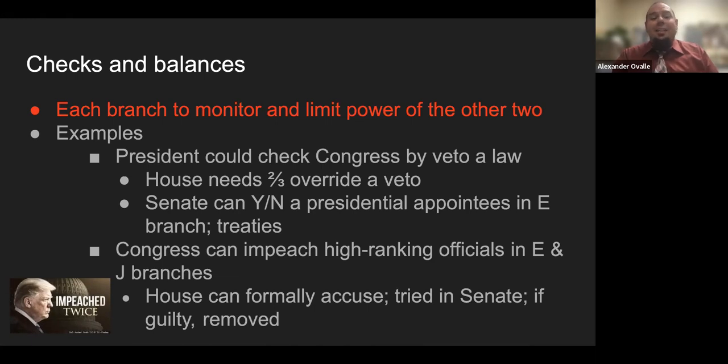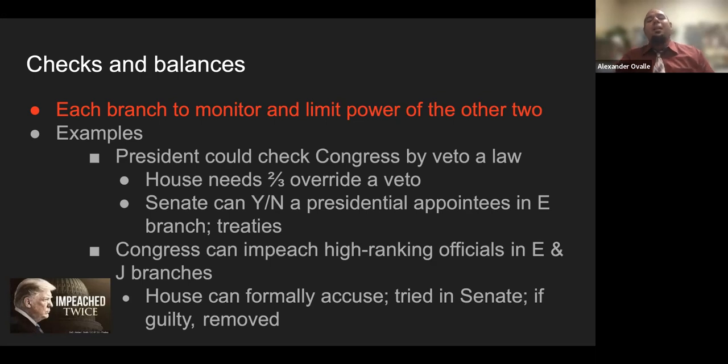The Senate can say yay or nay to a presidential appointee in the executive branch. They can also agree on treaties. Congress can impeach high-ranking officials in the executive and judicial branches, i.e., Trump being impeached not once, twice.